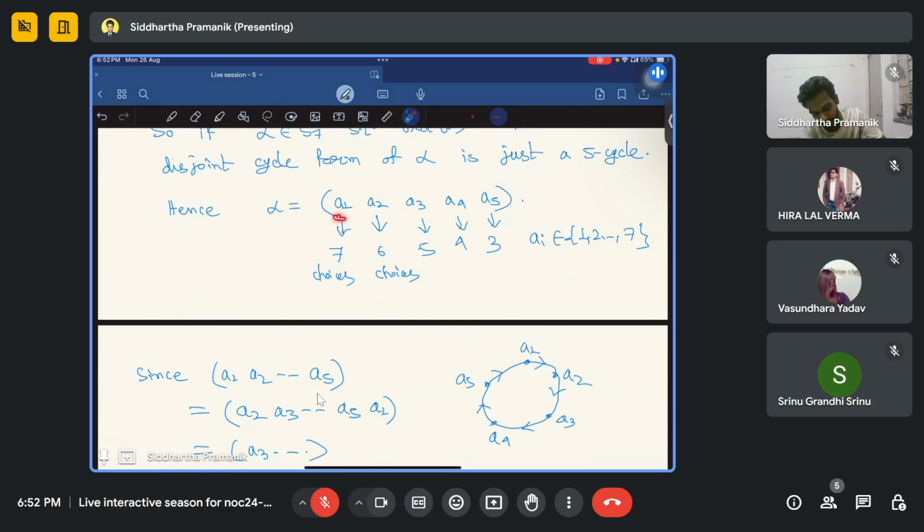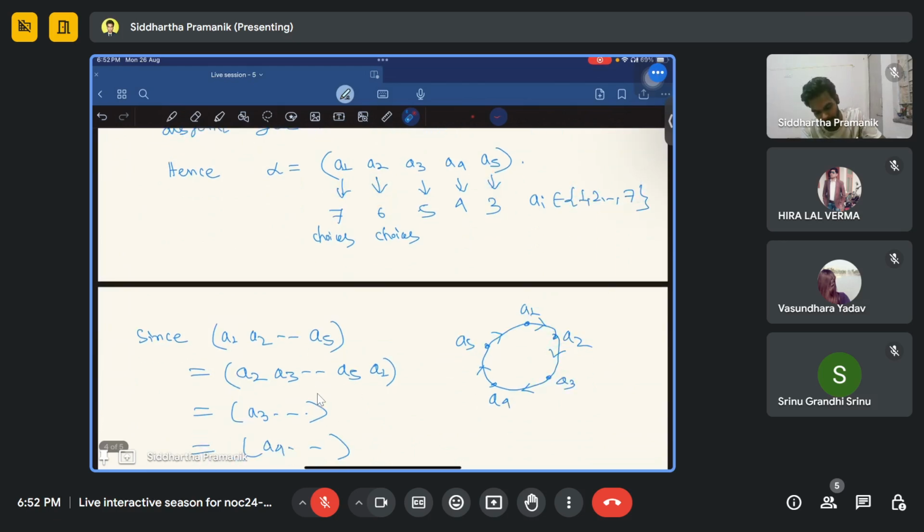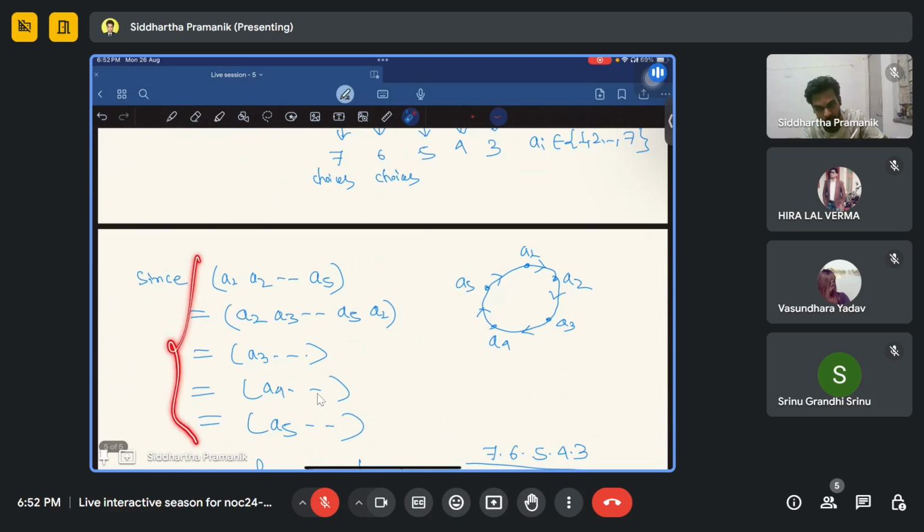It has 7 choices, 6 choices, and so on up to 3 choices. But each 5 cycle can be written in 5 ways, and these are all the same cycle.